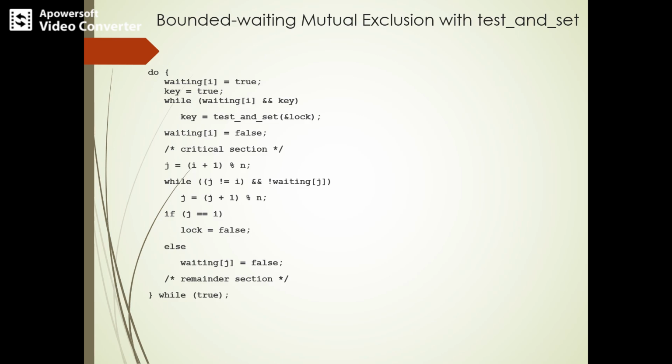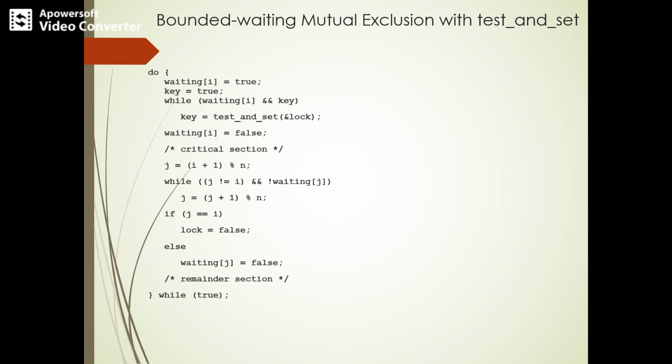So while waiting of I is true and key also is true for that process Pi, you call test and set of lock, changing the lock value, and finally it has finished executing test and set. Okay, it is set to false.